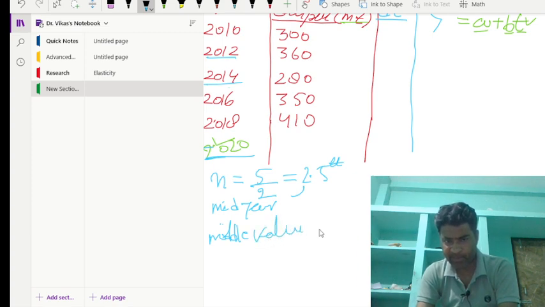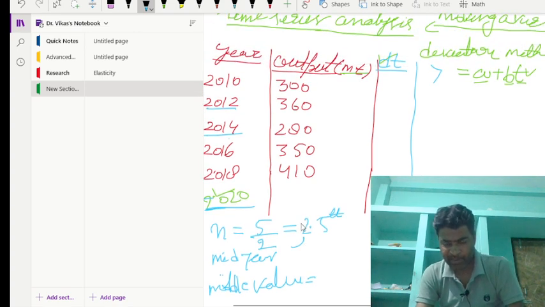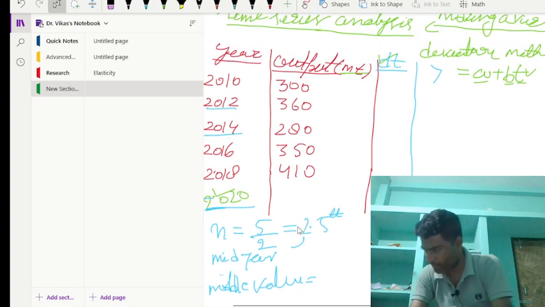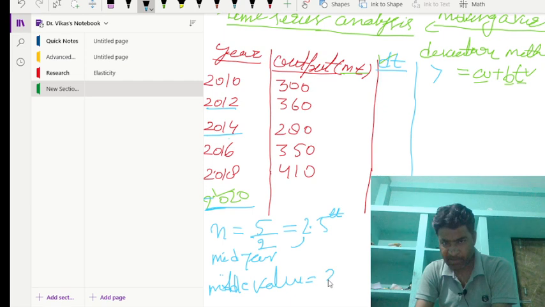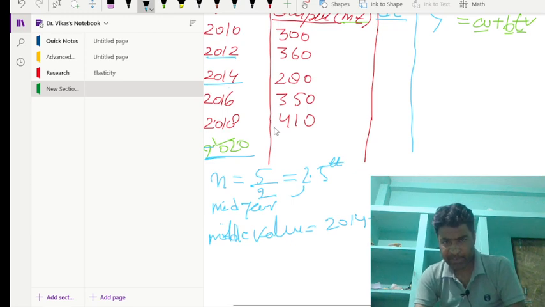The middle value will be calculated by taking the value in which the 2.5 observation lies, the second observation and the third.